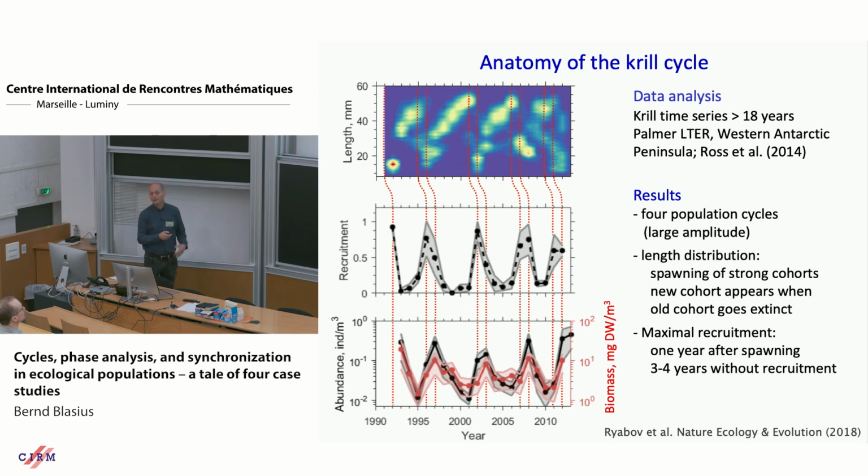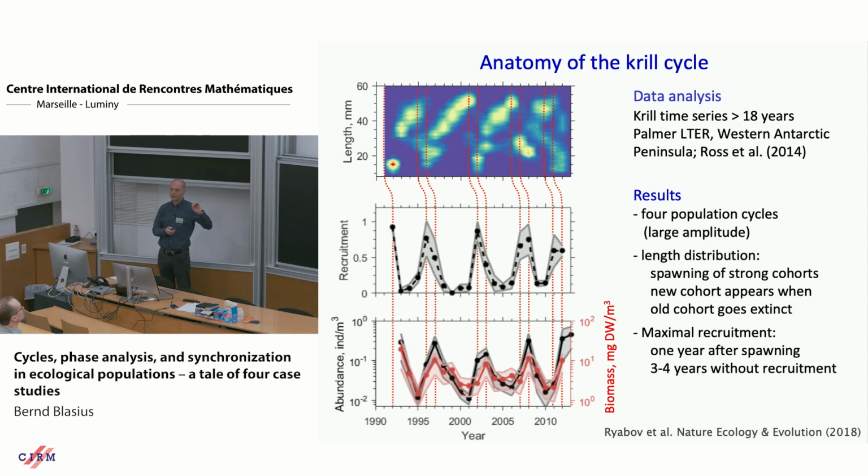Again, we have a similar resource starvation like we had in the algae system. You see it in the recruitment index. We have young krill, and they get older. Krill is an animal that can get several years old. But in every year, these adults produce eggs, and then you have juveniles. But these juveniles don't have food because the food is taken up by the adults, so they just die over the winter.